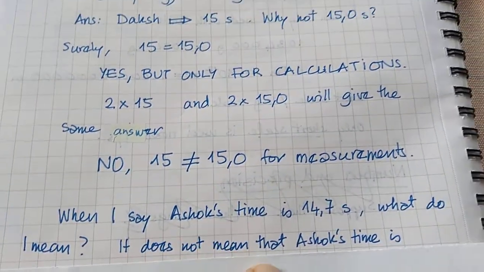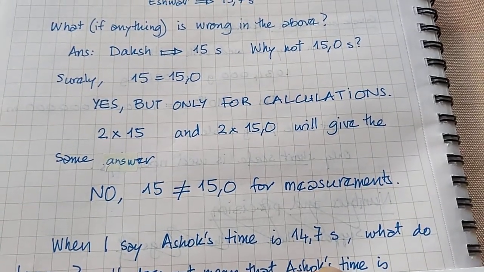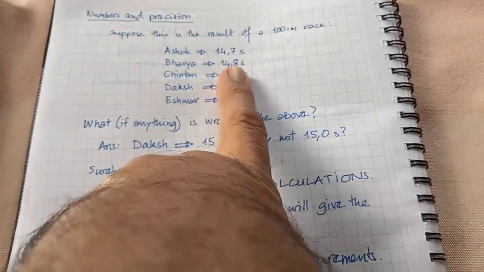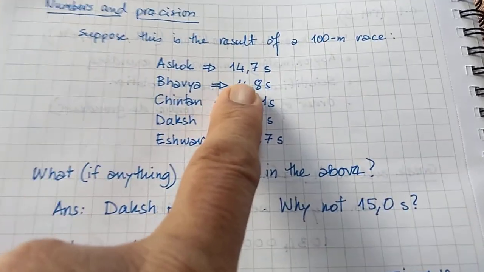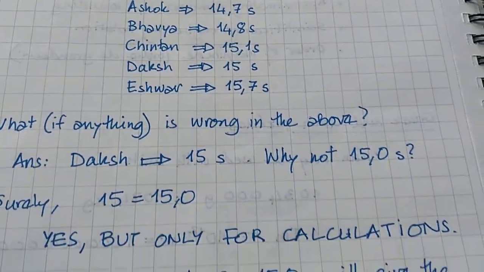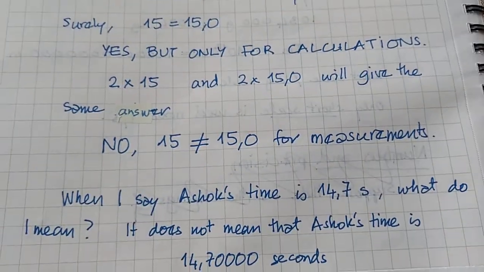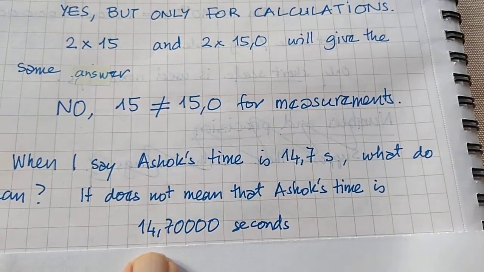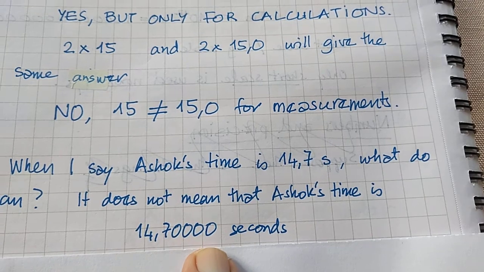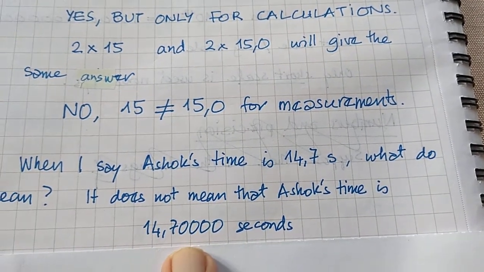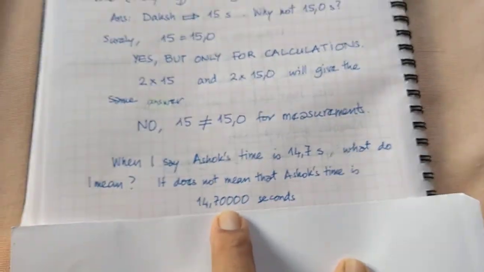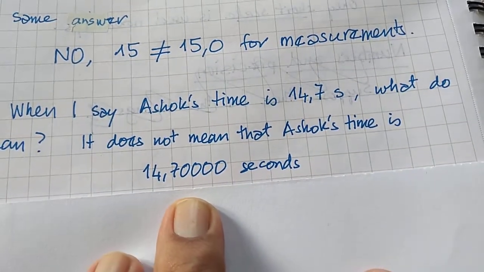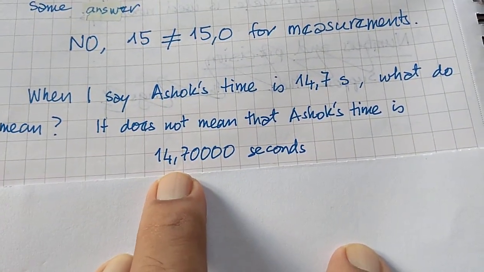When I say Ashok's time is 14.7 seconds, what do I mean? Ashok's time is 14.7 seconds. What do I mean with that? It does not mean that Ashok's time is 14.700000 seconds. I'm leaving this statement out here. I'm not going to pursue this. We'll come back to this later.